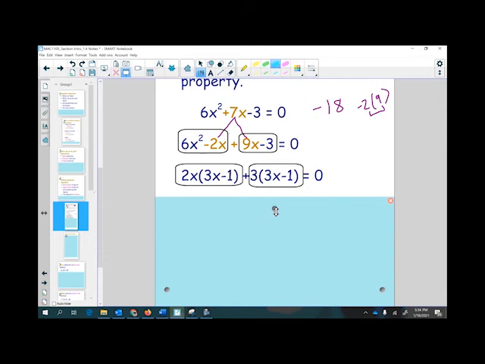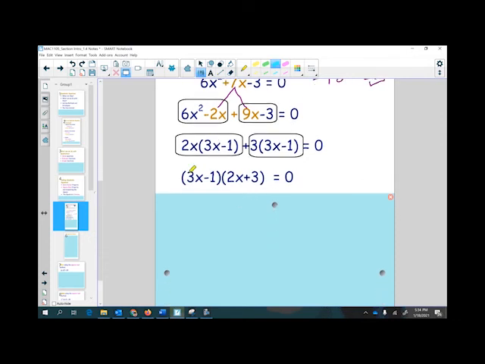That happens sometimes. Now I've taken the 3x minus 1 factor quantity that was common to both of these chunks and taken that out as the common factor, leaving in its place the 2x here, which is now part of a second set of parentheses, and the 3 here, positive 3.